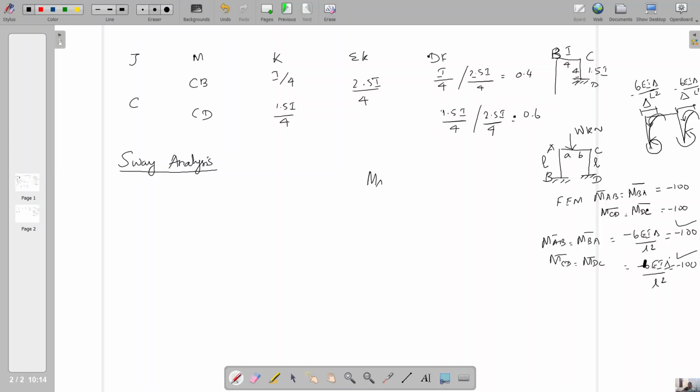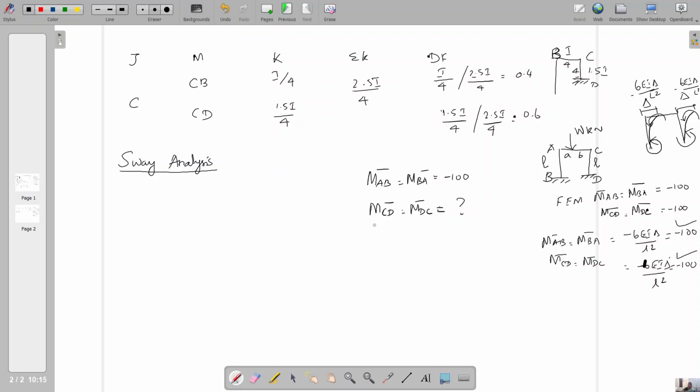Let us assume M̄AB and M̄BA equal to minus 100, and we have to relatively calculate the value of M̄CD, M̄DC for this case. We have to assume any one value. It will not be equal for the other column because of the different length. Then we can calculate the next value of moment.